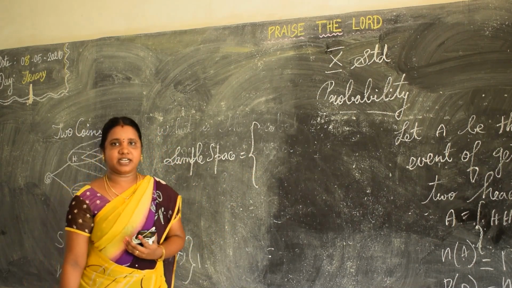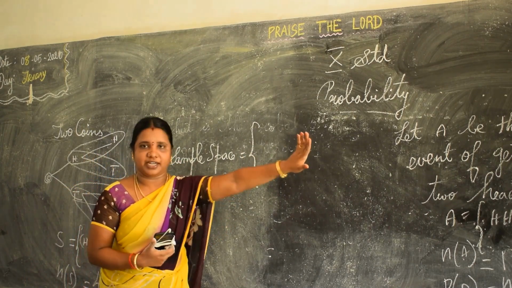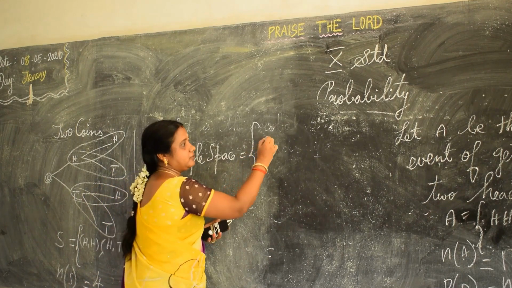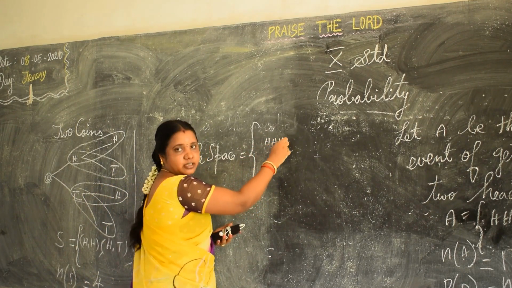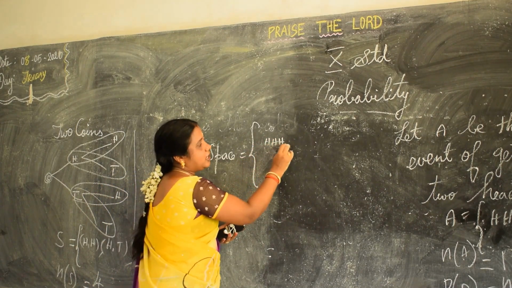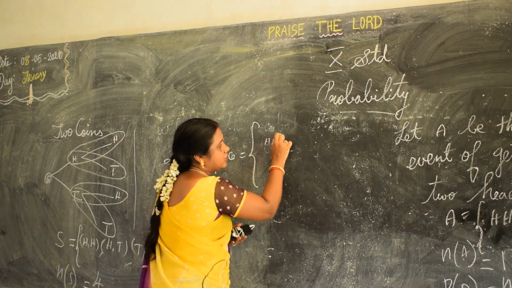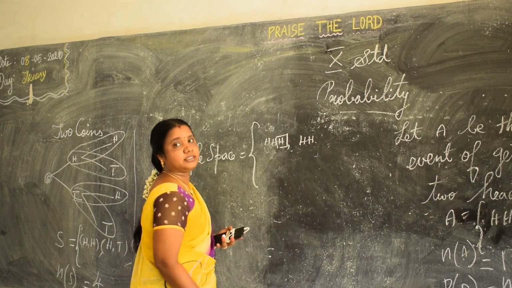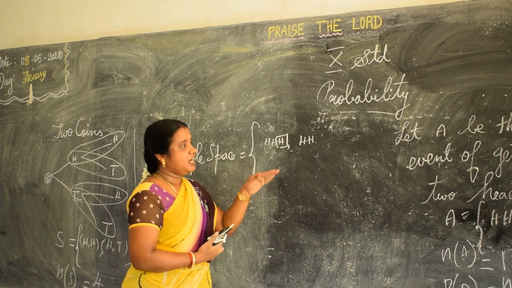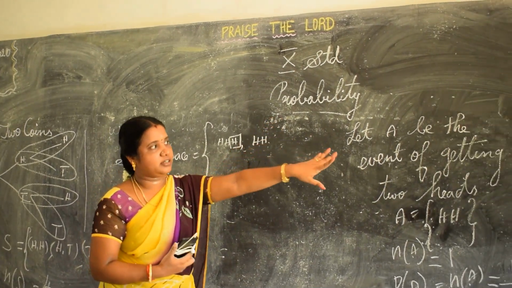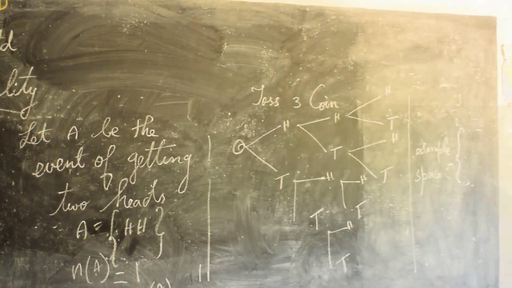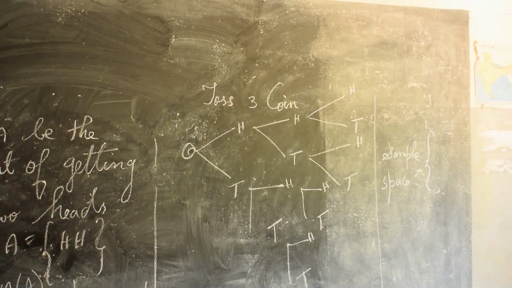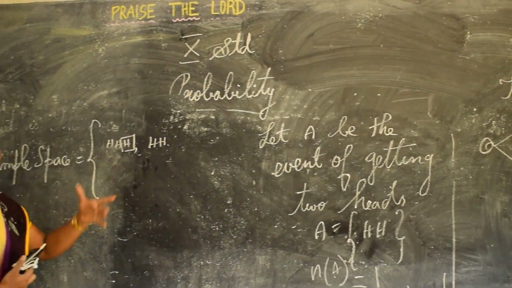For easy understanding, don't look at the tree diagram; we can write it easily. Head, head, head, 3 heads. So what do you have to do? Change these one by one to tail, so that you won't leave out any sample space. If you see the tree diagram, HHH, HHT, you will make some mistake, so other than this you can write with the help of this.